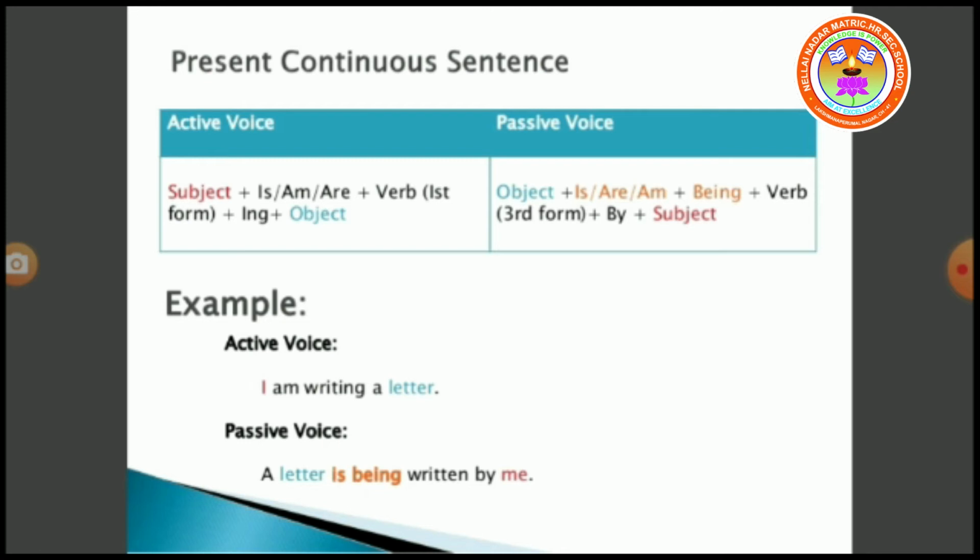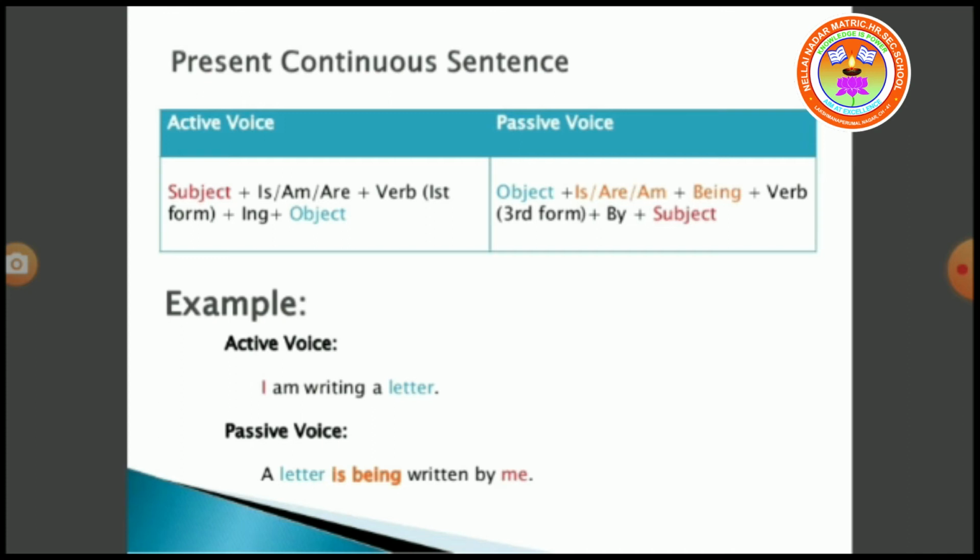Passive voice structure: object plus is or are or am plus being plus third form of verb plus by plus subject. In continuous tenses, we have the word being along with the auxiliary verb, because just as we have the word be with modals, here also in continuous tenses we should have the word being along with the auxiliary verb.